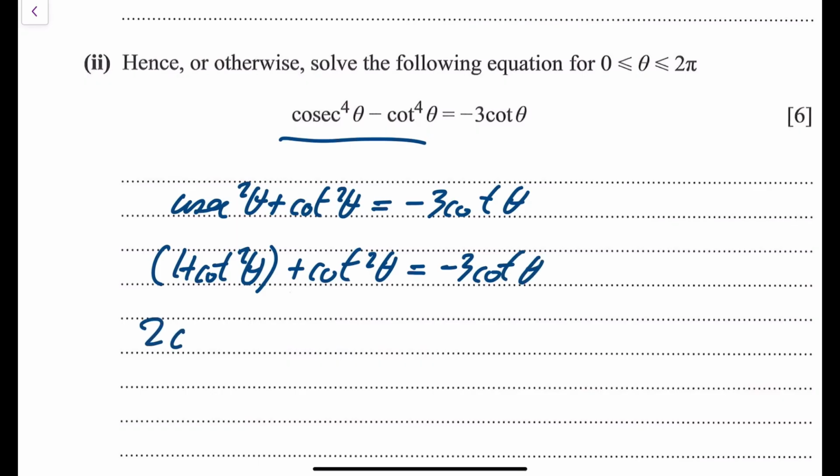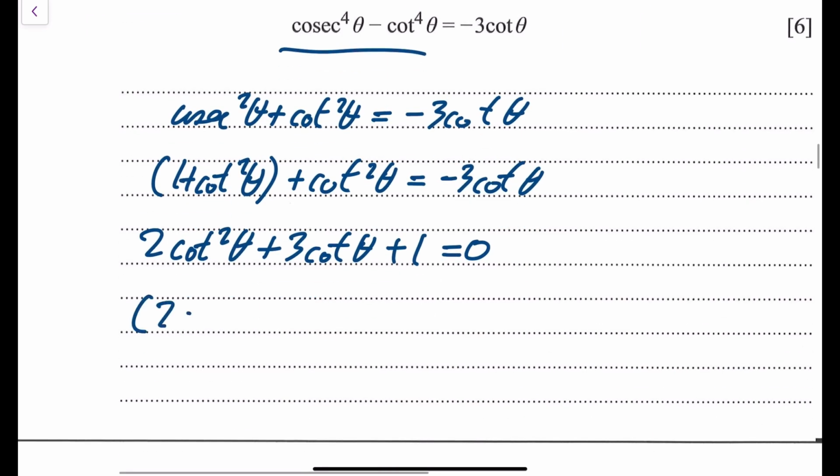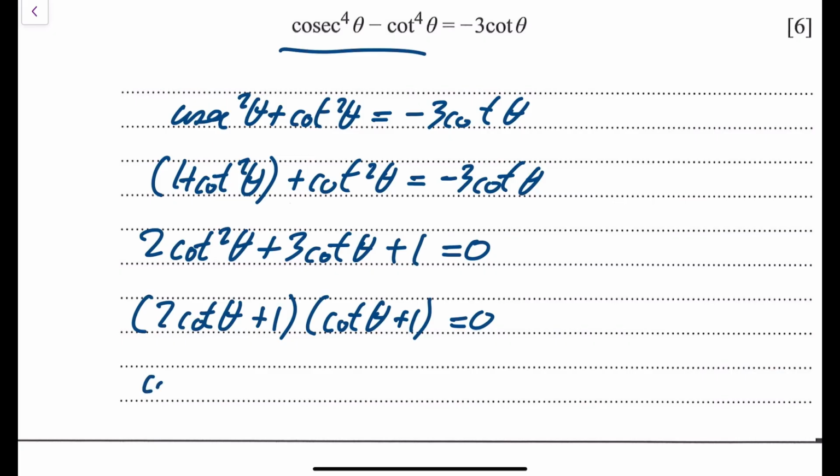That's going to be 2 cot squared theta plus 3 cot theta plus 1 then is equal to 0, which factorizes to be 2 cot theta plus 1 times cot theta plus 1 equals 0, which means cot theta is equal to minus a half, or cot theta is equal to minus 1.